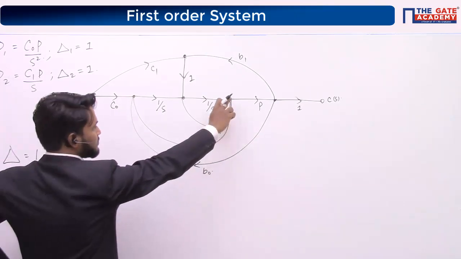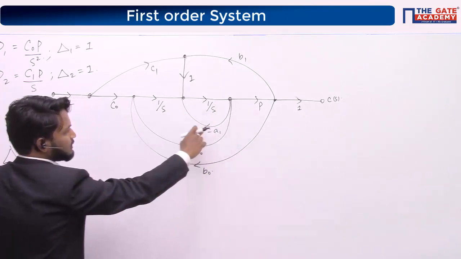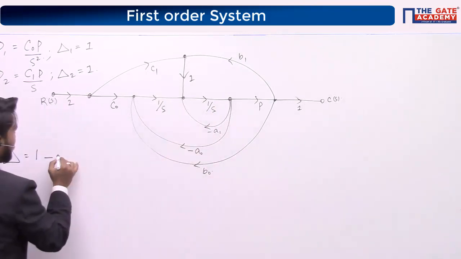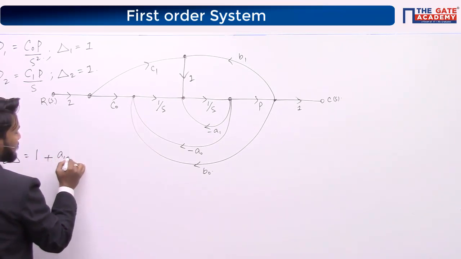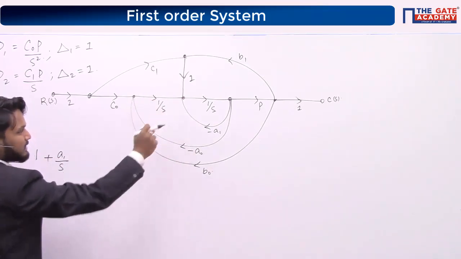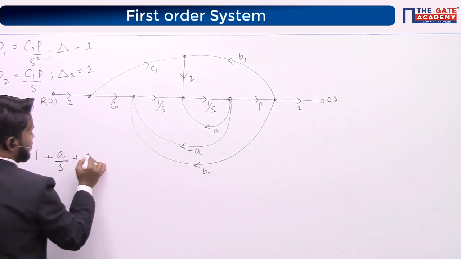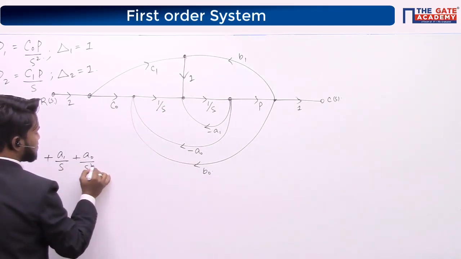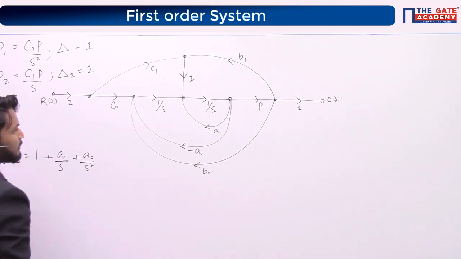The first loop is A1 by S. Minus of minus A1 by S is plus A1 by S. And minus of minus A0 by S square is plus A0 by S square, right?